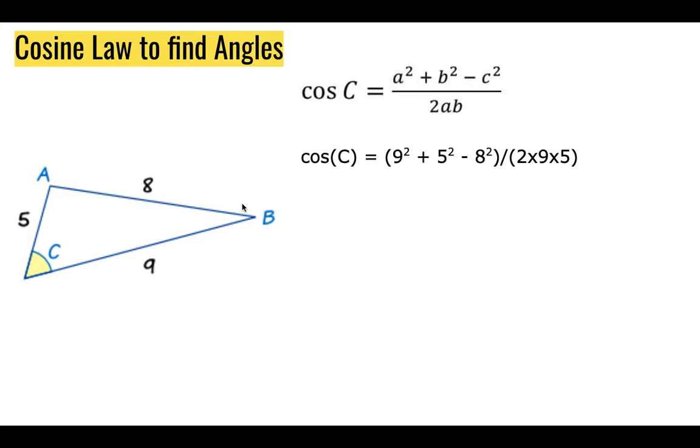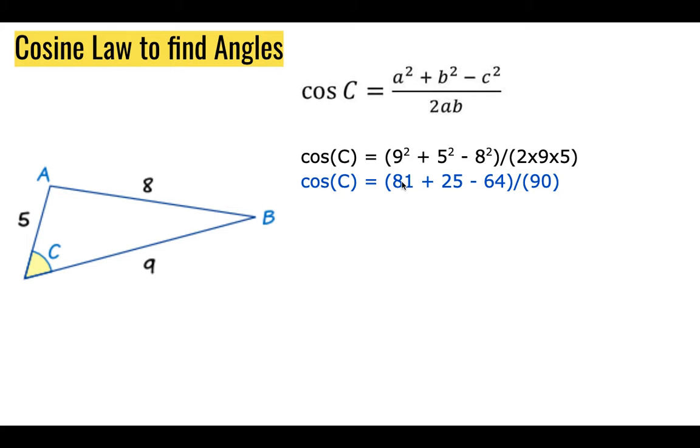For B, I'm going to put in 5 because that's the side across from big B. So all my B's are 5s. And then C is going to be 8. That's across from the angle we are trying to find. So that's here. And so this is 9 squared plus 5 squared minus 8 squared, all divided by 2 times 9 times 5.